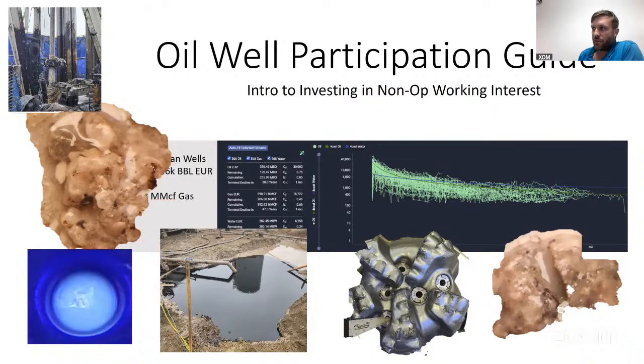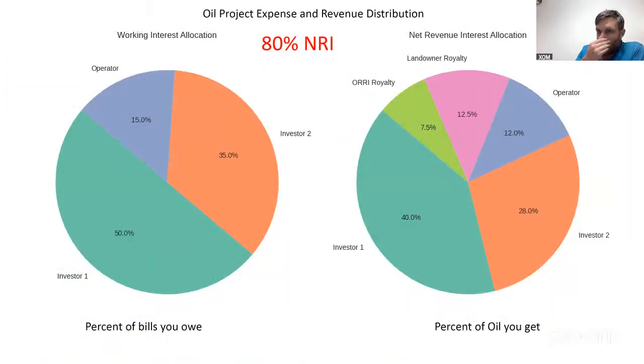So I'd like to go through a little bit of that, and I'm going to get started with my quick little guide that I threw together just to explain the structure of these oil wells and how things work. When you have an investment in an oil well, the working interest owners pay all the costs, and then the revenue is distributed to those working interest owners, and the landowner receives a royalty interest, and then there's an overriding royalty interest.